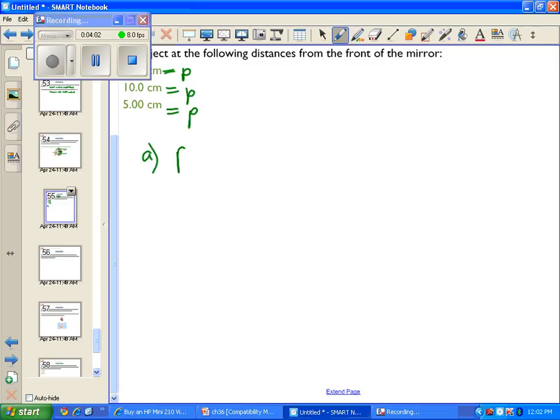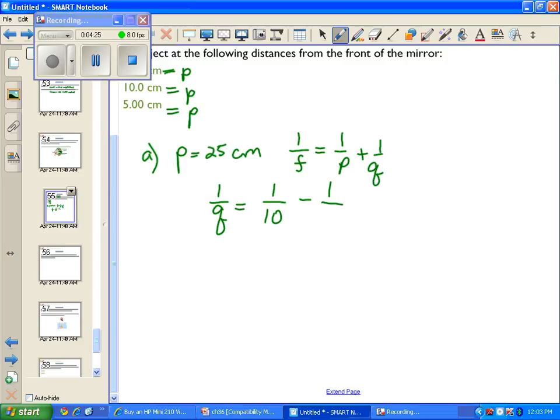Well, the first case is where p is equal to 25 centimeters. Here, using the equation 1/f = 1/p + 1/q, we solve for 1/q, which equals 1/f, in other words 1/10, minus 1/p, where p is 25 centimeters.